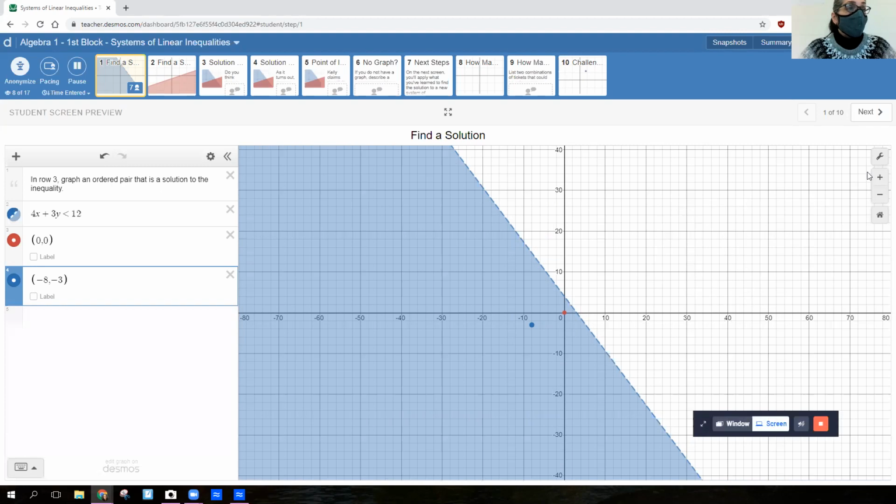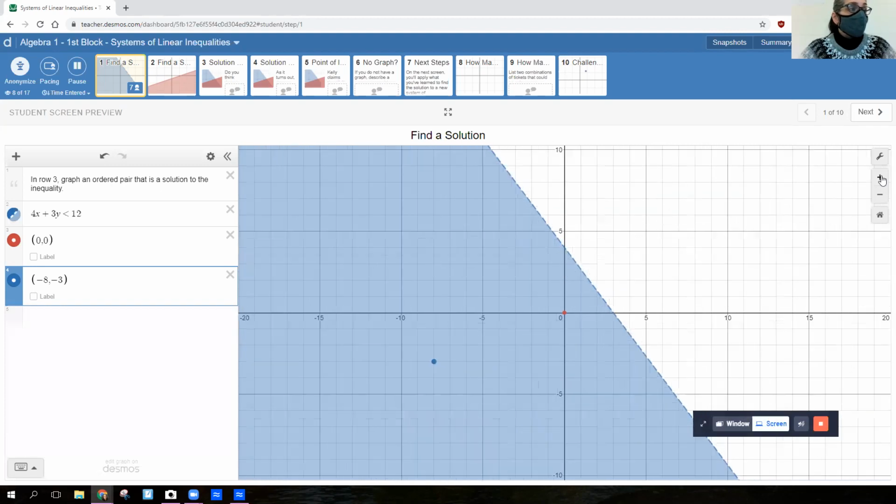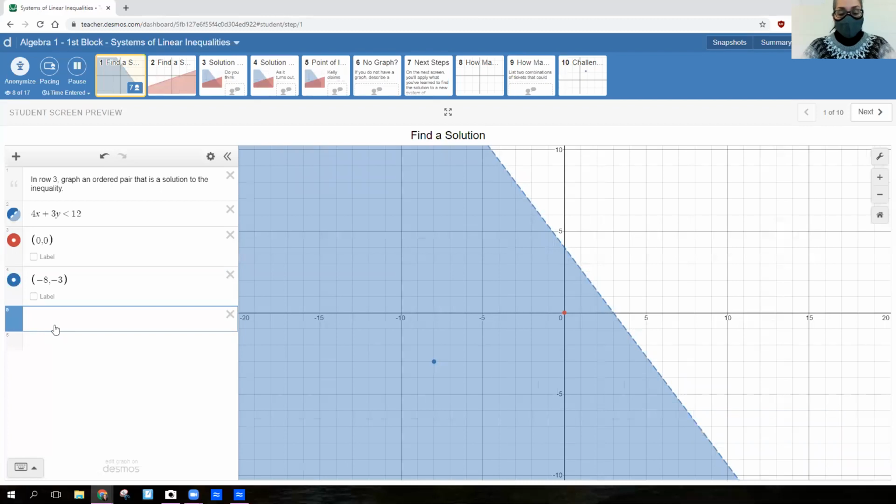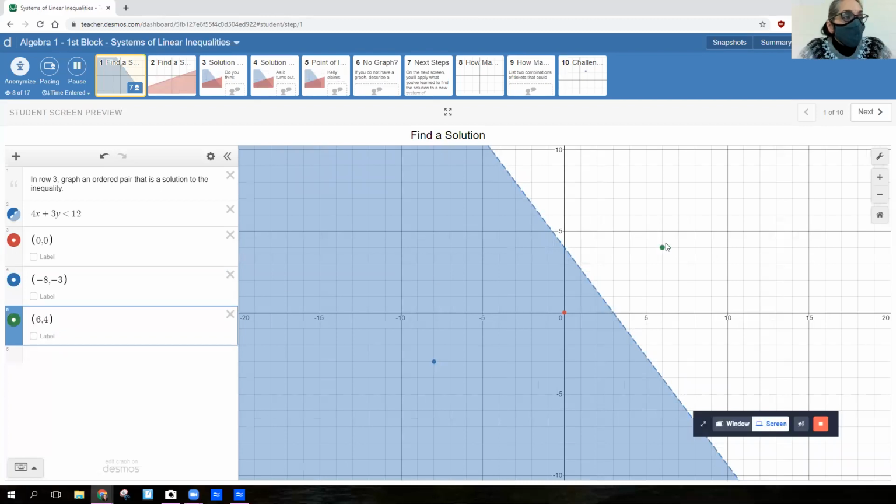So like I had, let's go a little bit closer here so the numbers are not gigantic. I think originally I had 6, 4. So I'm gonna plug that. So 6, 4, okay? So 6, 4 is right here in the white part. If I chose that one and I plugged the 6 in for the X and the 4 in for the Y, let's see what would happen with that.